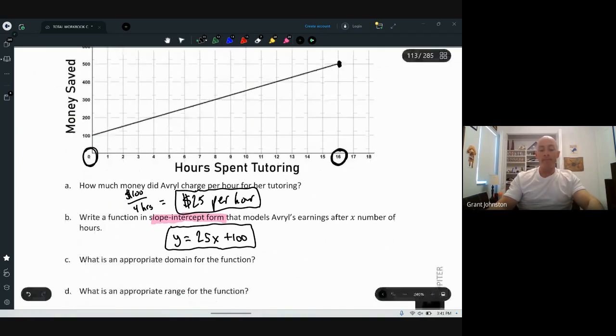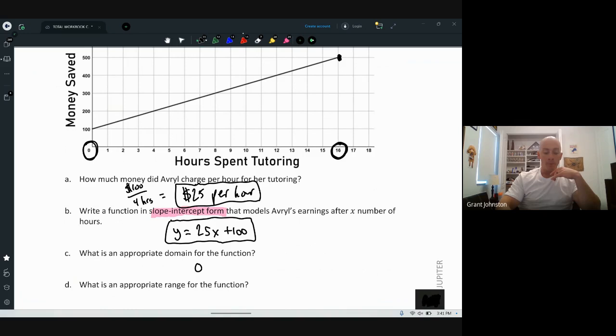So our domain would be where x needs to be greater than or equal to 0 and less than or equal to 16. Now you could put on a stipulation where it could say only integers, because you generally wouldn't tutor for fractional hours. I guess you could. So I'll just leave it at that.